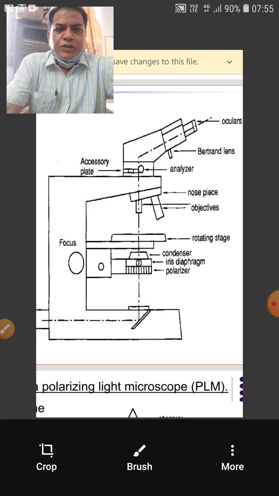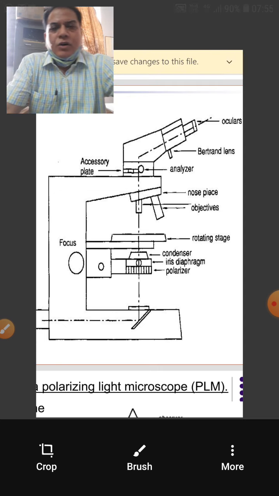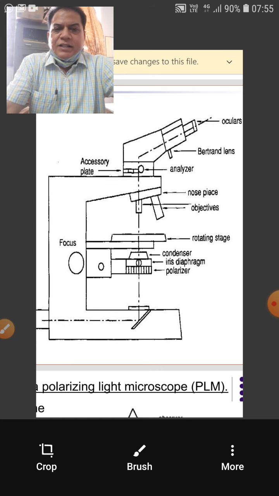So in general, the optical classification of these rock forming minerals is broadly isotropic and anisotropic. Isotropic minerals are those in which light passes with constant velocity.